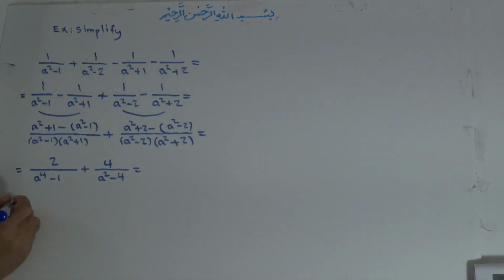this is equal to a to the power of 4 minus 1, then common denominator, times a to the power of 4 minus 4.